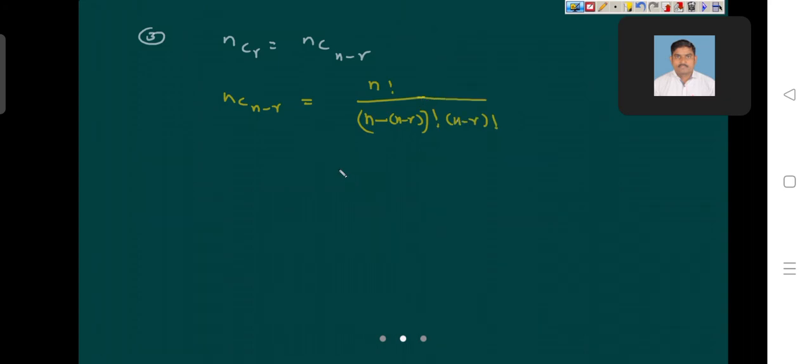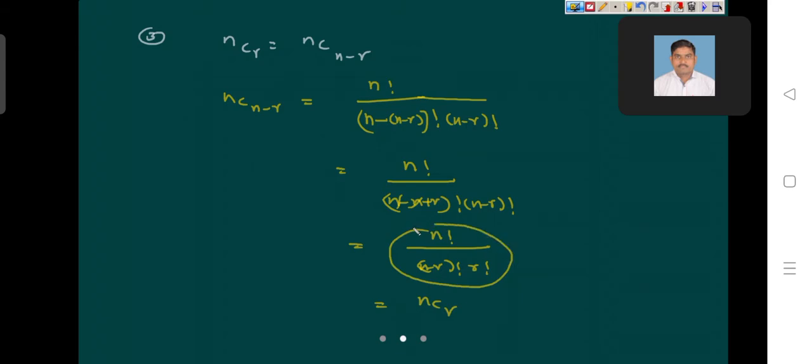That is equal to n factorial by, eliminating the bracket, (n minus n plus r) whole factorial into (n minus r) factorial. This is equal to n factorial by, n cancels, r factorial into (n minus r) factorial. Of course, this is the formula of nCr only. So from this you can conclude nC(n minus r) is equal to nCr.